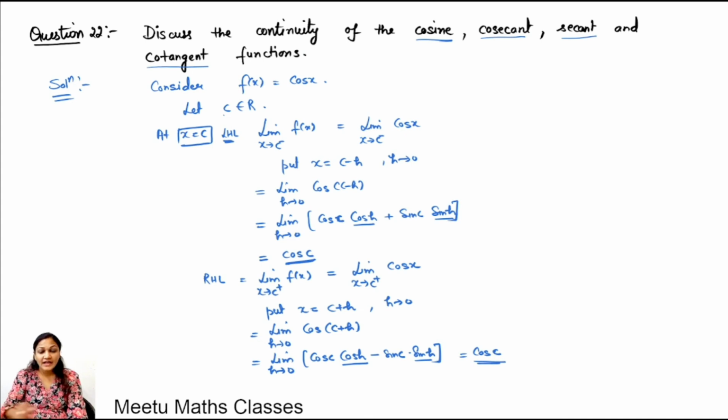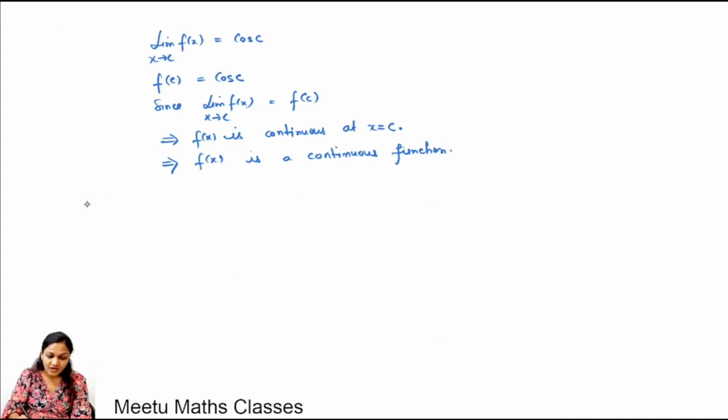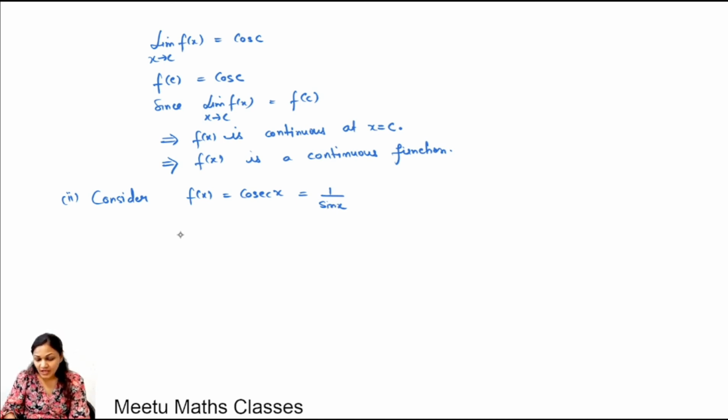Okay, and now we are going to discuss cosecant. Consider f(x) equals cosec x, and cosec x can be written as 1 upon sin x, which is the quotient of two functions, 1 and sin x. 1 is a constant, and being a constant function it is continuous everywhere.